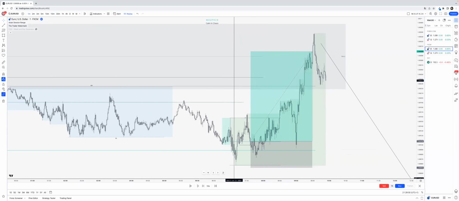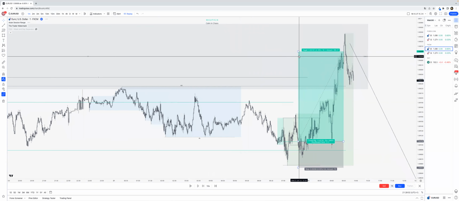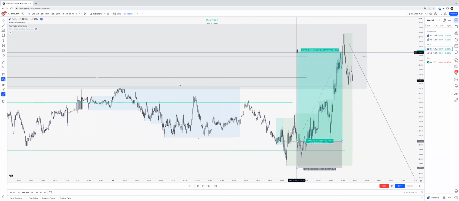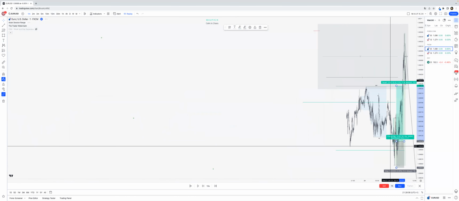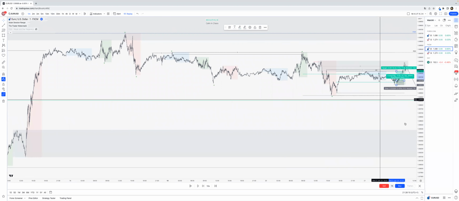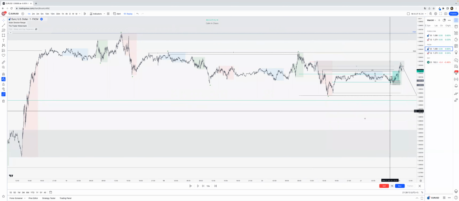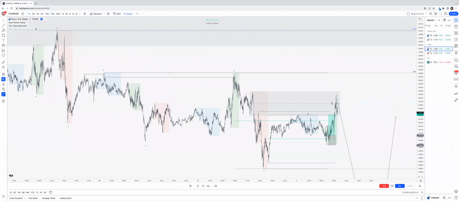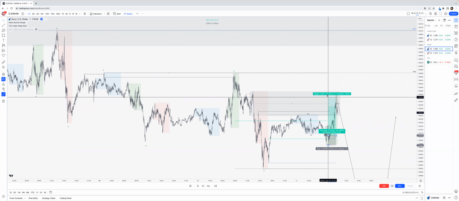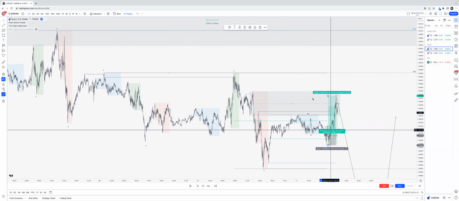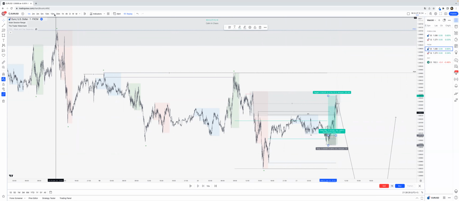And then you go break even after reaching above Asia highs. Just to be sure. And then over here, you can choose to take partials, or you just let it run to 1 to 4.